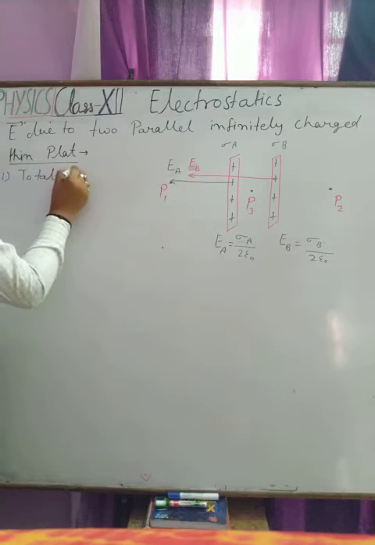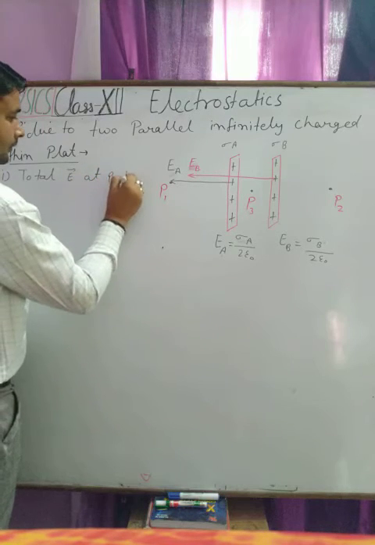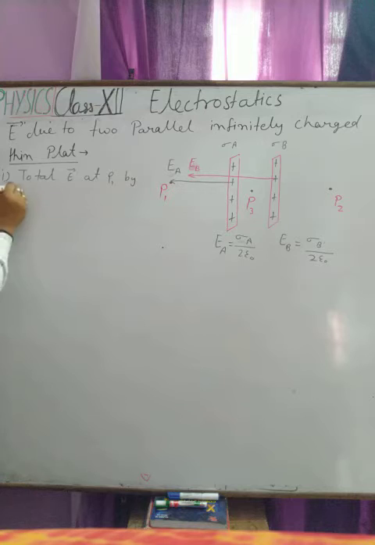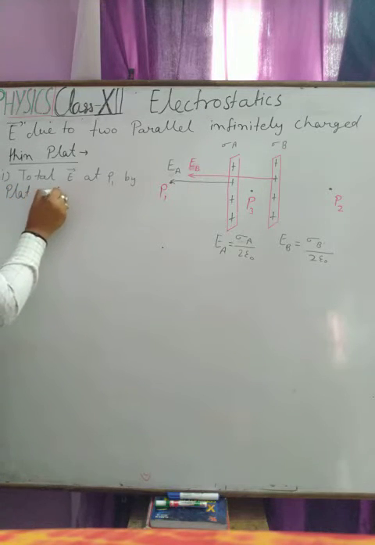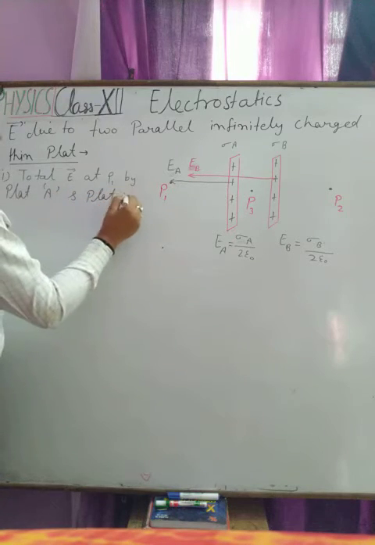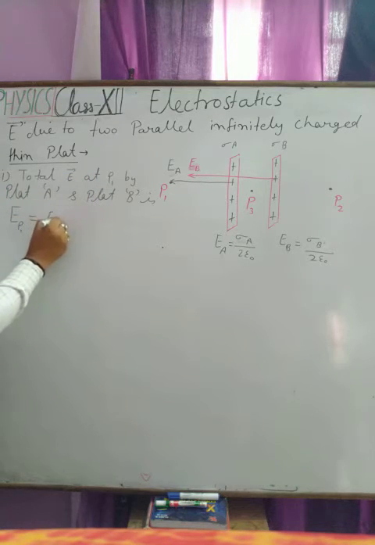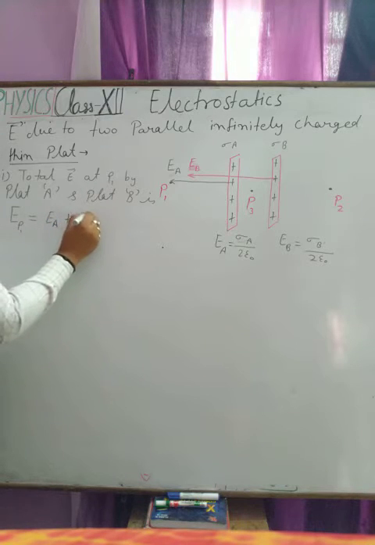Now the total electric field in the first case, the total electric field at P1 by plate A and plate B, is E_A plus E_B. It is clear, student?